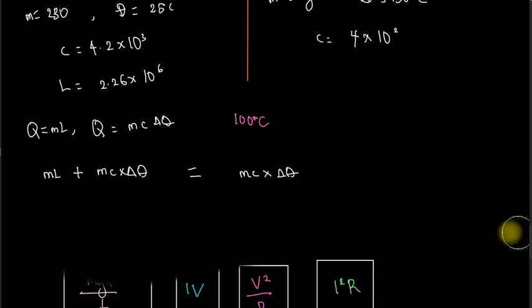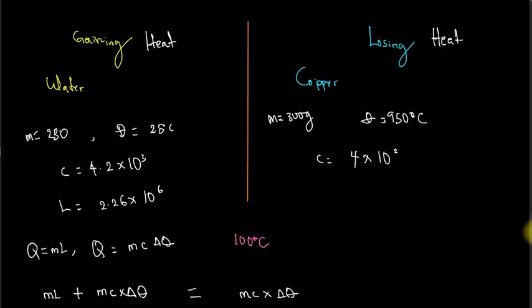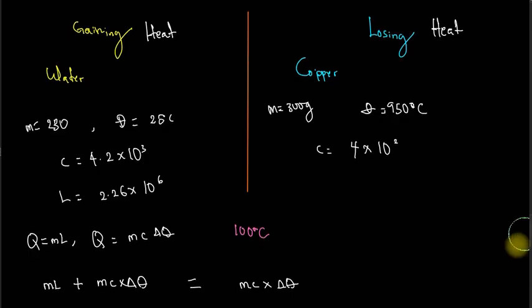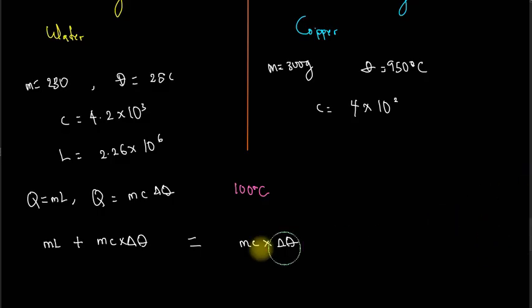Although it's possible because it's a solid, so it will change state. If copper were to change state, then yes, but then it will have to be gaining heat. So total heat gained is equal to total heat lost.